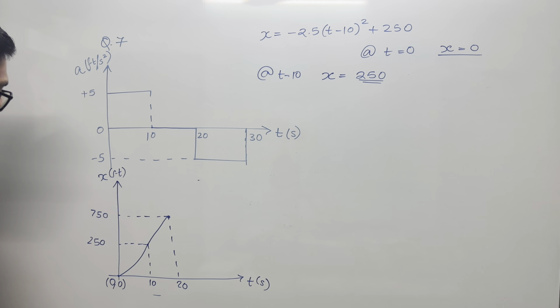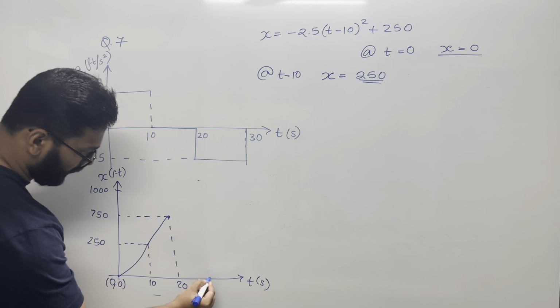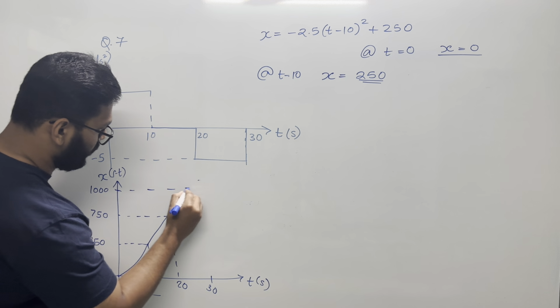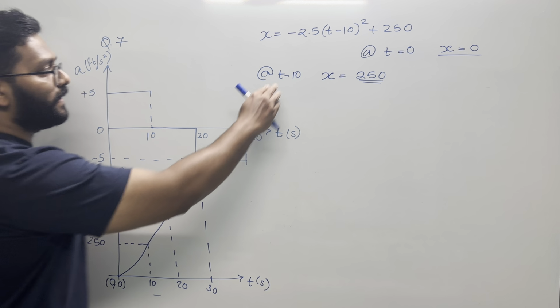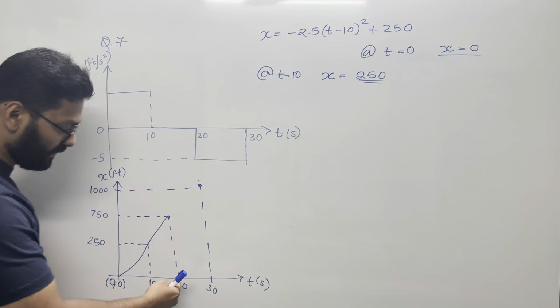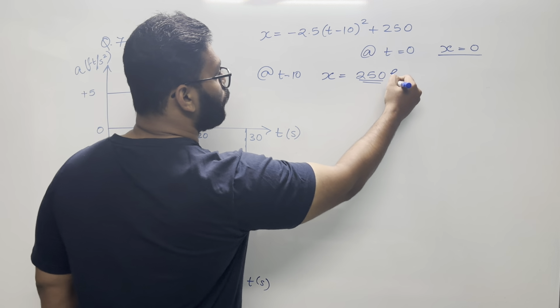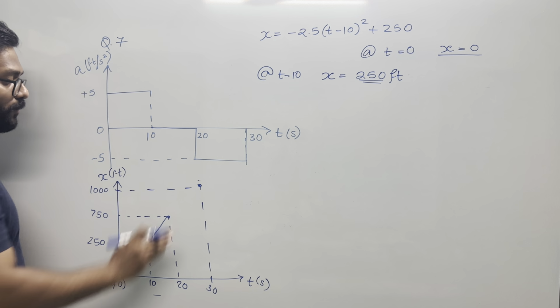So that is going to be 1000, and let's say this is 30. Let's say that point is somewhere here. So 10 more seconds after this point, it has gone 250 feet more. So that 250, if you add to 750, it is going to be 1000.